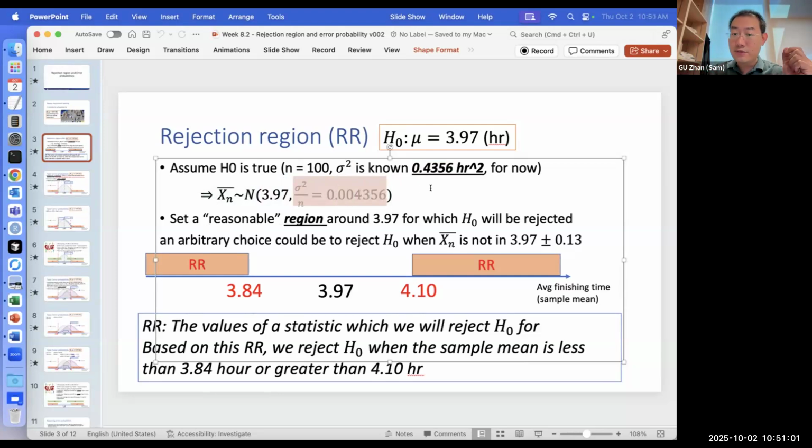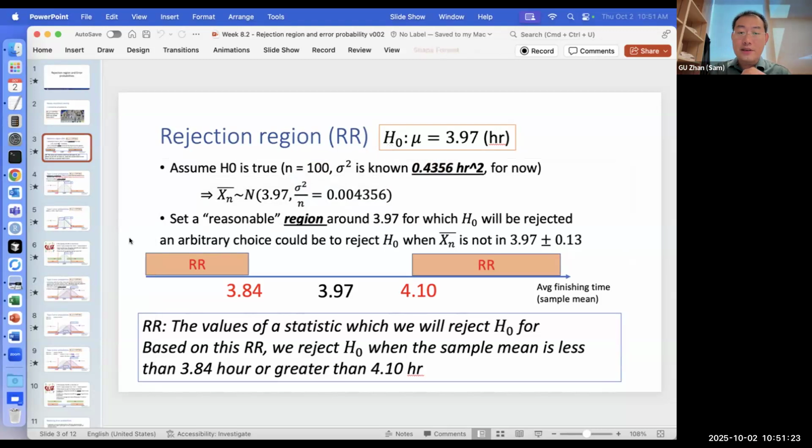This is the variance for the sampling distribution, because it is the variance of the population divided by n. It is the variance of the population divided by the sample size 100, so we get 0.043 around this.